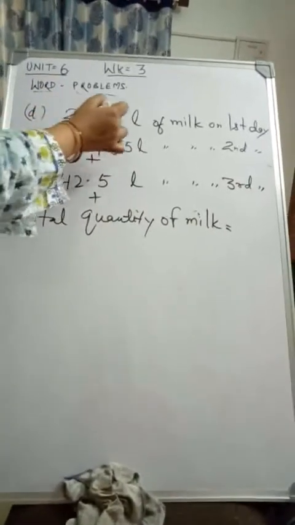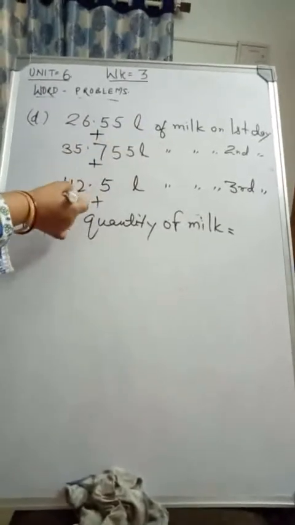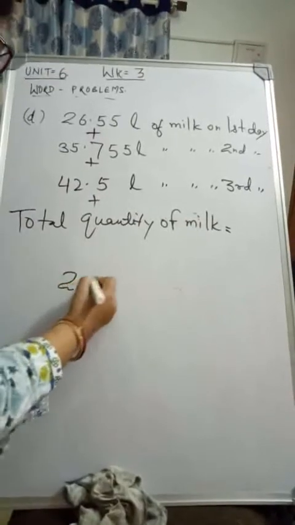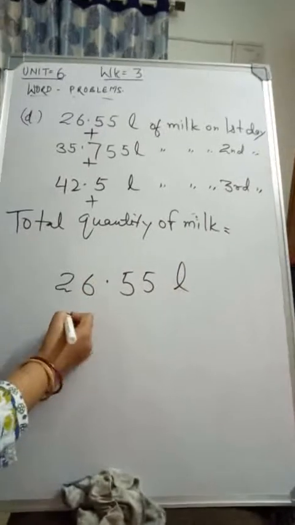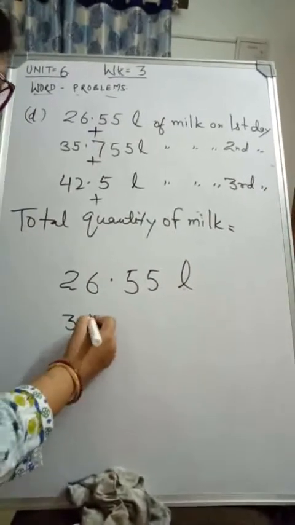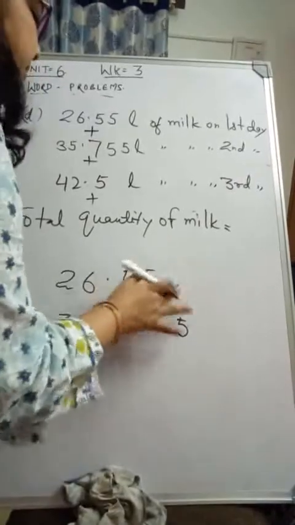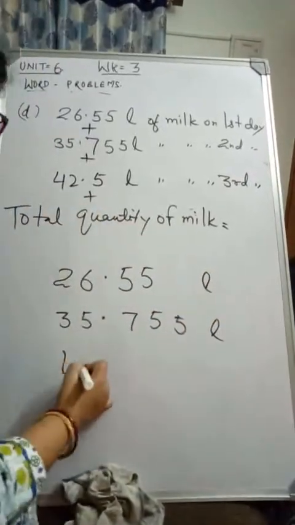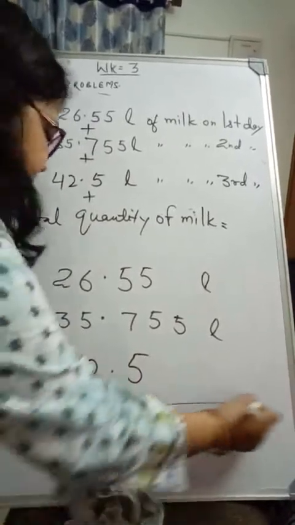Add 26.55 liter plus 35.755 liter plus 42.5 liter. So write down 26.55 liters, 35.755, and next 42.5. Now put the addition sign. You have to do addition.